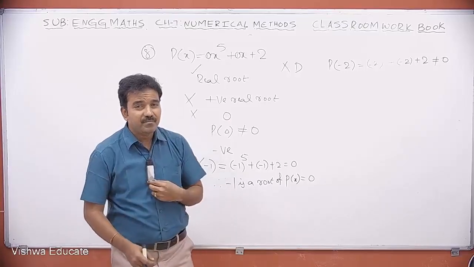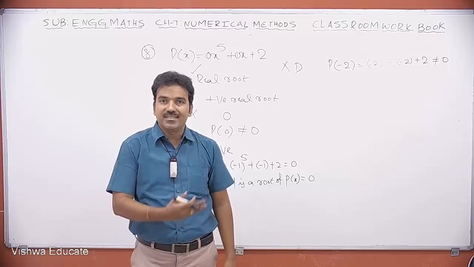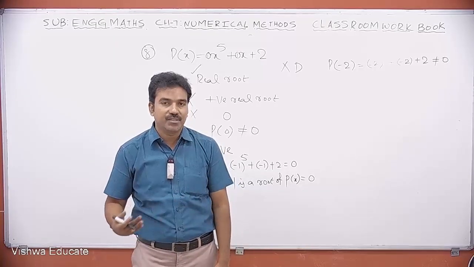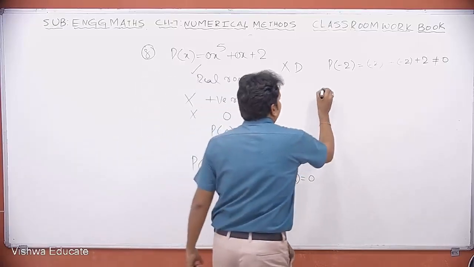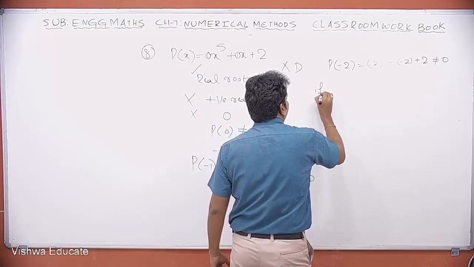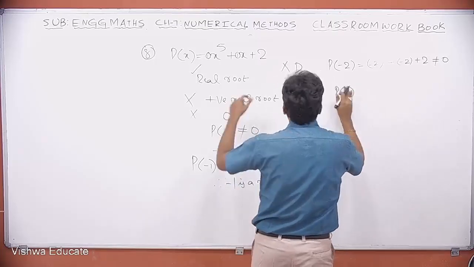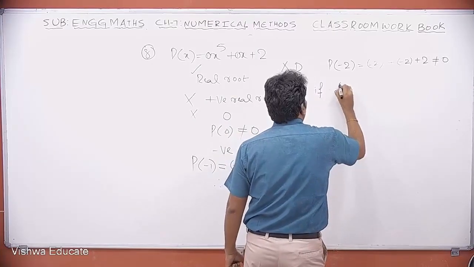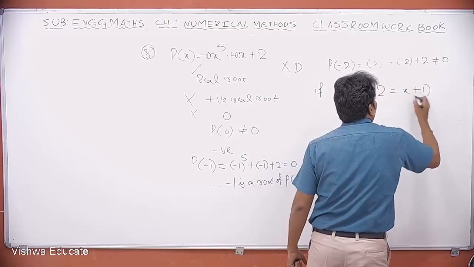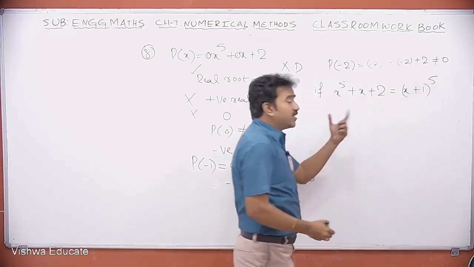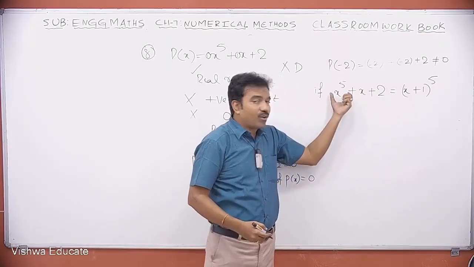But what if minus 1 repeats, if minus 1 is a root of this equation with algebraic multiplicity of 5? How to proceed with this? Okay, let us see. Can I write like this? Suppose p of x, that is x power 5 plus x plus 2, equals x plus 1 whole power 5. Is it true? When you write like this, it means minus 1 is the root of this equation.